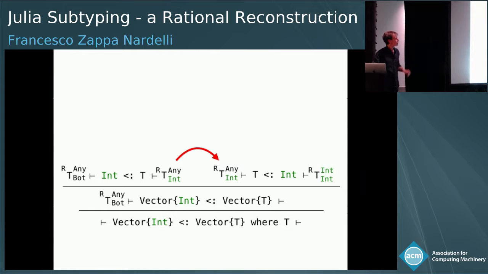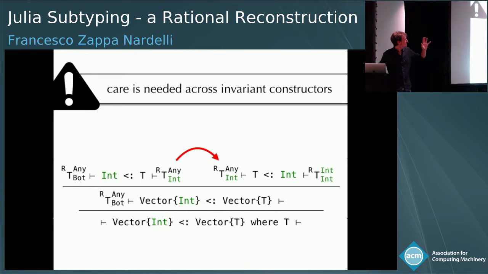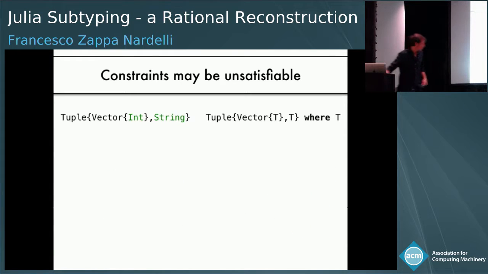Now, these rules to update the bounds are subtle in presence of invariant constructors. You can find all the details in the paper. But in general, you can end up propagating the constraints and checking if they are satisfiable. In some cases, they are not. Like in this example, so tuples are covariant. So we have vector int, comma string, and vector t, where t.